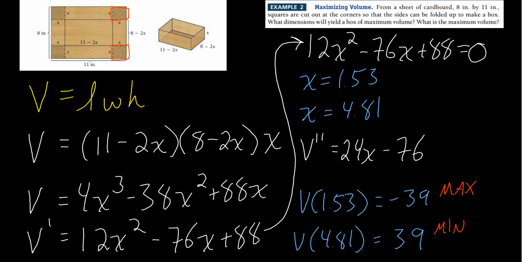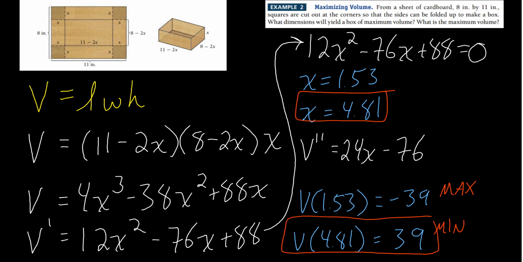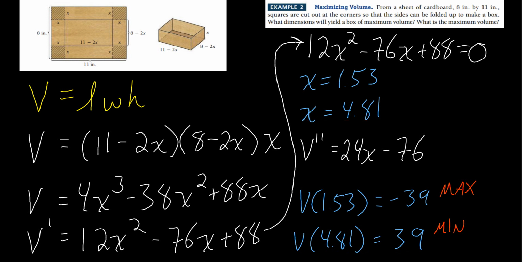If x were 4.8, the box is 8 inches in length, but we'd be cutting out two 4.8 inserts, which is 9.6 inches. This side is only 8 inches, so realistically this number can't even be used. So we didn't even have to take the second derivative of that. But anyways, that's how we do that.